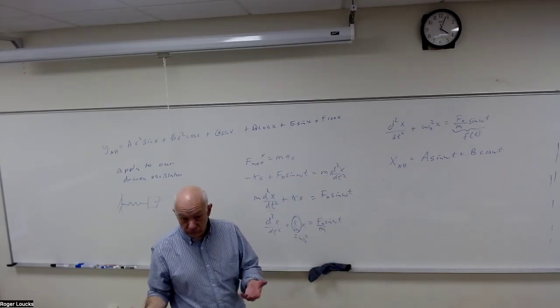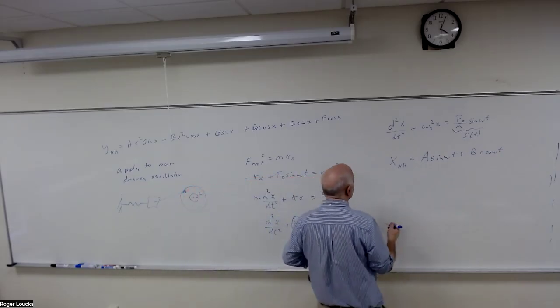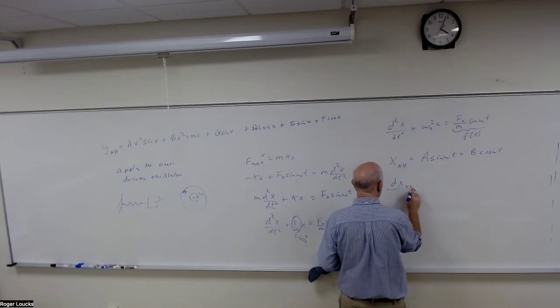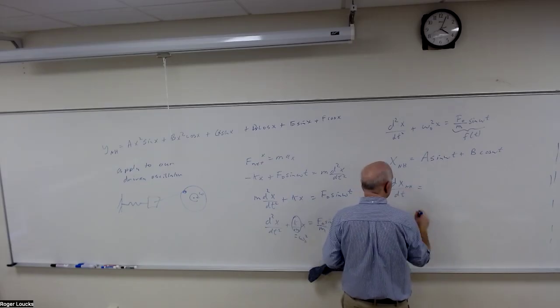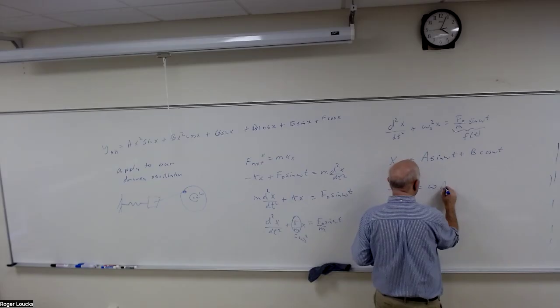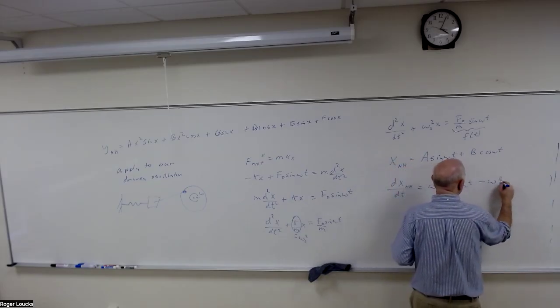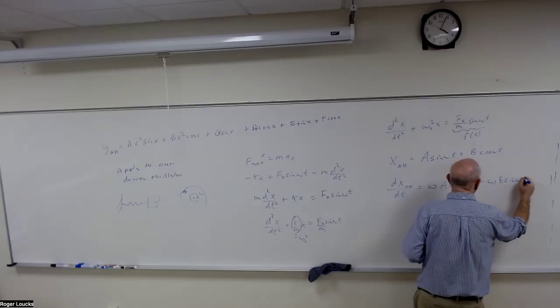And we need two derivatives. So the first one gives me omega a cosine omega t minus omega b sine omega t.